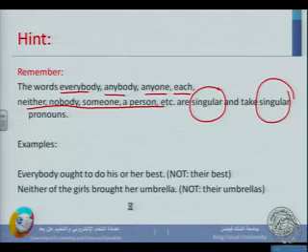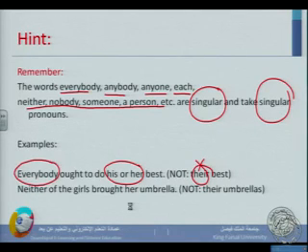For example, everybody ought to do his or her best. لاحظوا هذه الضمائر اللي عندنا his و her, ما قال their لأن their غلط. لماذا their is incorrect? Because everybody is singular, فلازم يكون البرونون أيضا singular. their هون plural, وهذا خطأ ما يجوز.